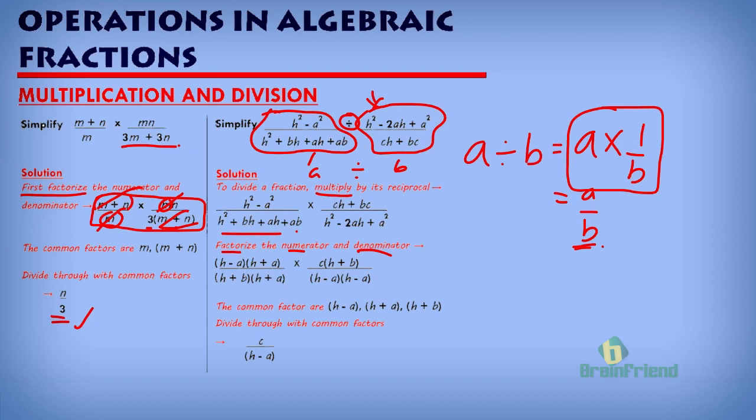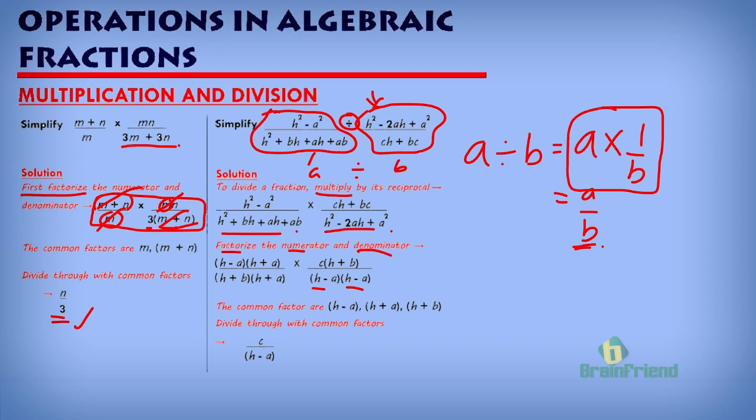C is common, so we take c out to give us c, all in bracket, h plus b. And h squared minus 2ah plus a squared is factorized to give us h minus a, all in bracket, h minus a.